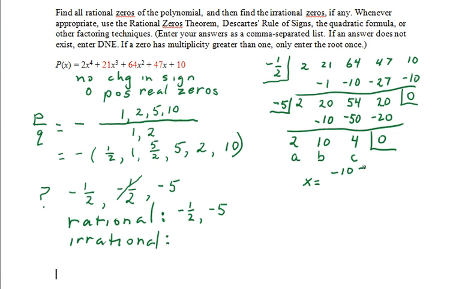So the opposite of 10 plus or minus the square root of 10 squared, which is 100, minus 4 times 2 times 4, all over 2a. So 2 times 2 is 4. -10 plus or minus the square root of 100 minus 32, which is 68, all over 4.